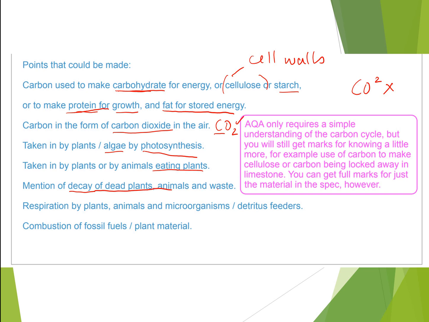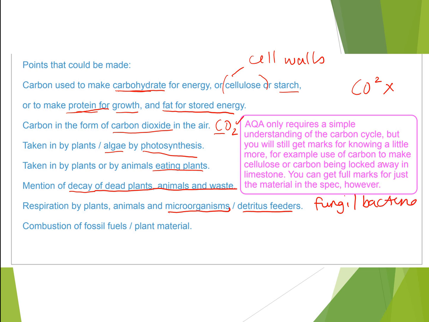Decay of dead plants or animals or waste. That could be the fecal waste, okay, or urea, as we've talked about in the nitrogen cycle. And you should be able to tell me that decay is caused by microorganisms or microbes or detritus feeders, so that's things like our fungi and our bacteria, okay?